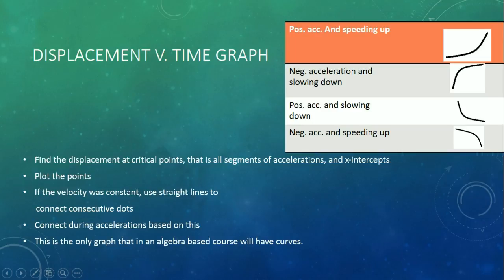But if it's moving forward but slowing down, it's still going to climb upwards like this, but it's going to be slowing down, so less displacement, less displacement.